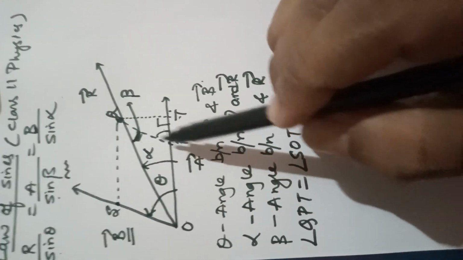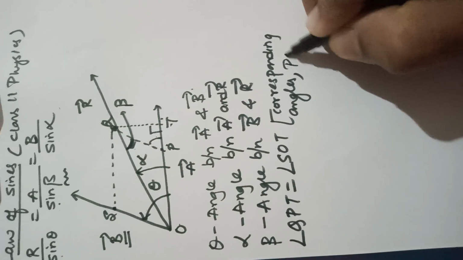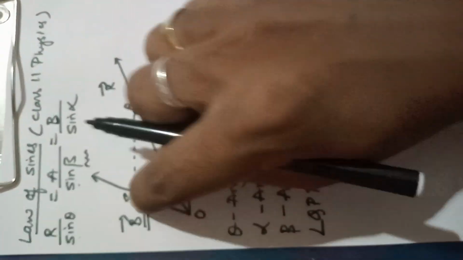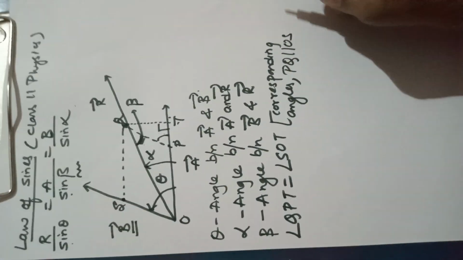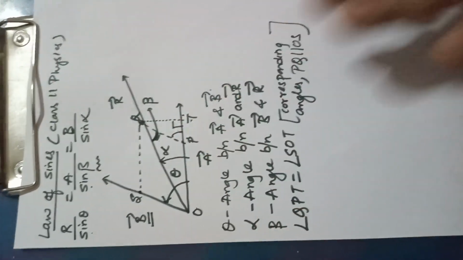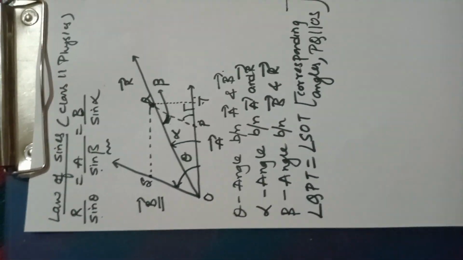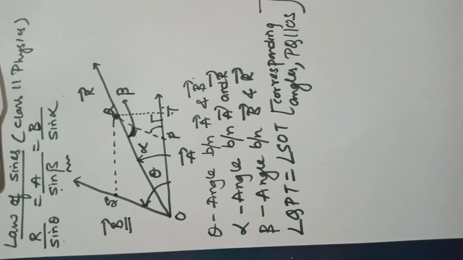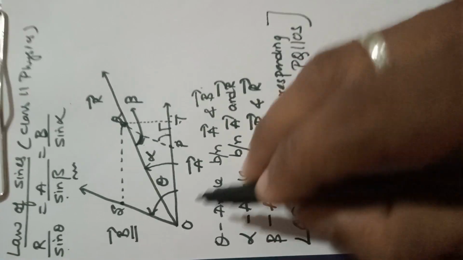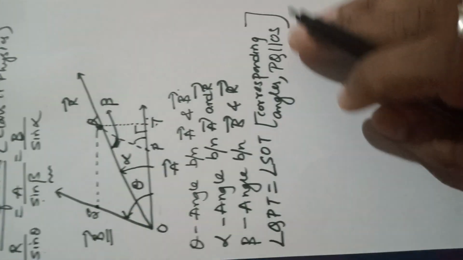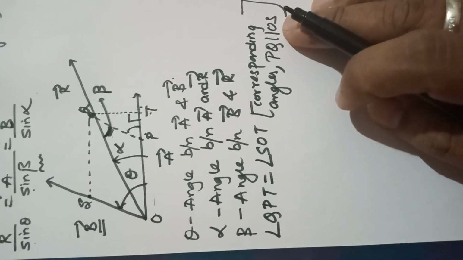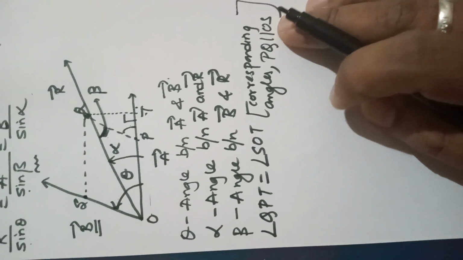Which are the two parallel lines here? PQ is parallel to OS. How can we say PQ is parallel to OS? PQ and OS are the opposite sides of this parallelogram OPQS. Therefore, they are parallel. And what is the transversal here? OP is the transversal. Since the two lines, PQ and OS, are parallel and intersected by a transversal, the corresponding angles are equal.